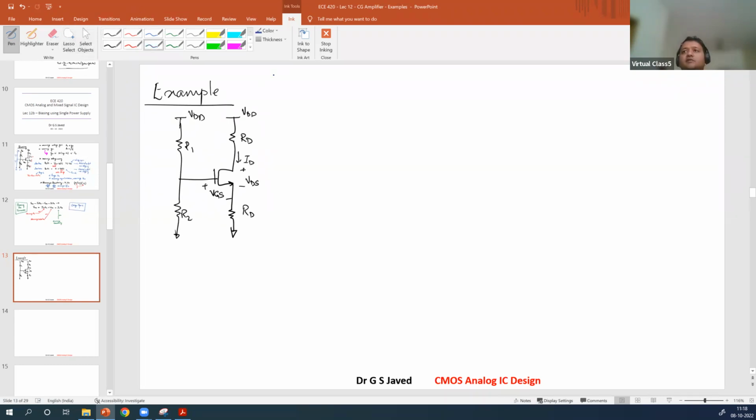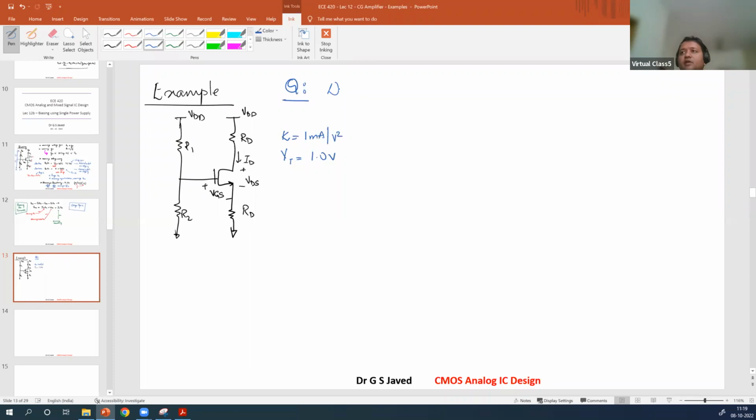Now let us look at an example. What is the question here? The question is, let the K, mu n Cox W by L, value be equal to 1 milliampere per volt square and Vt be equal to 1 volt.